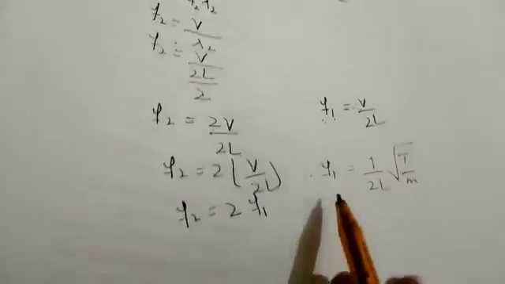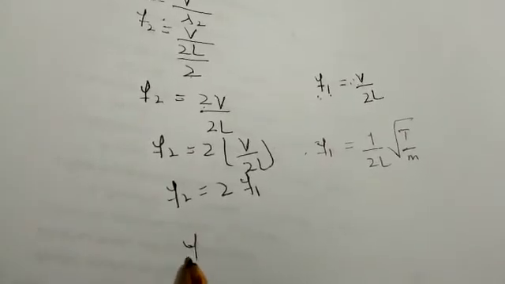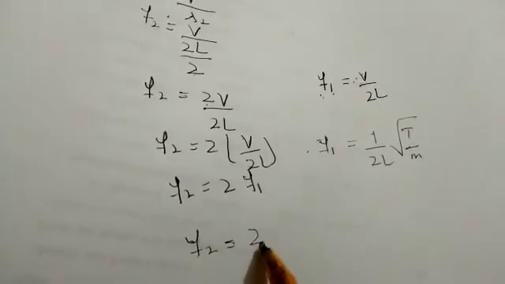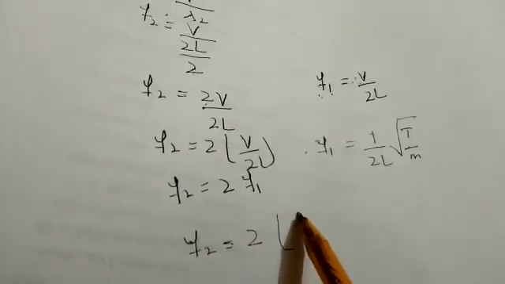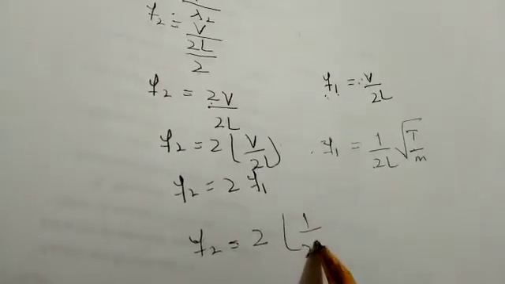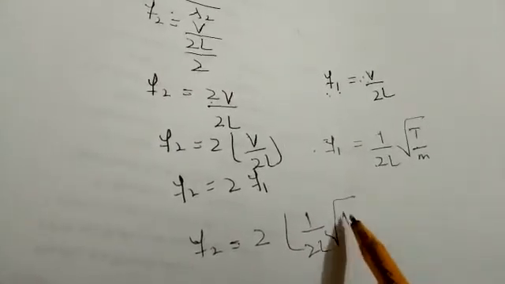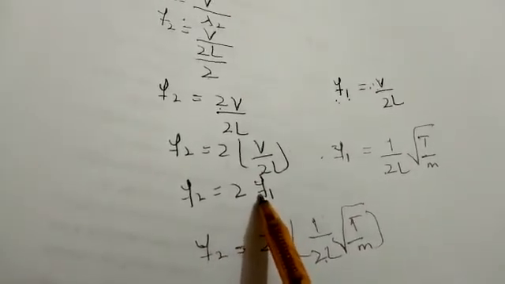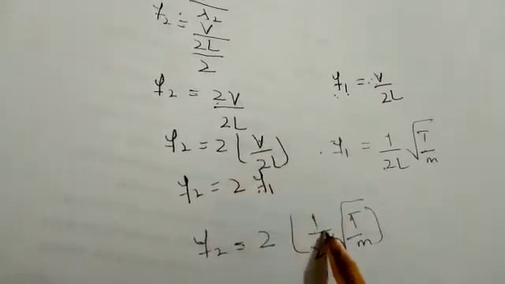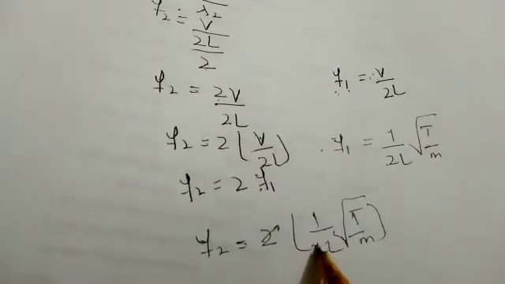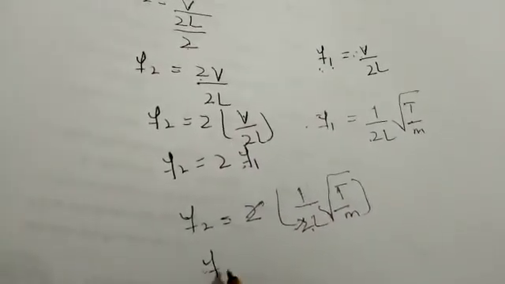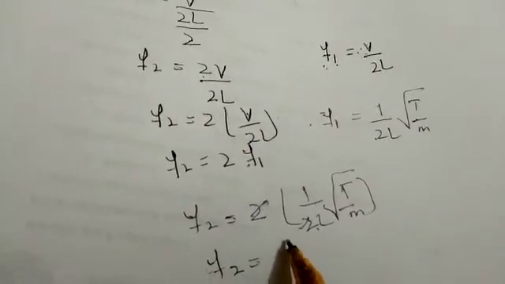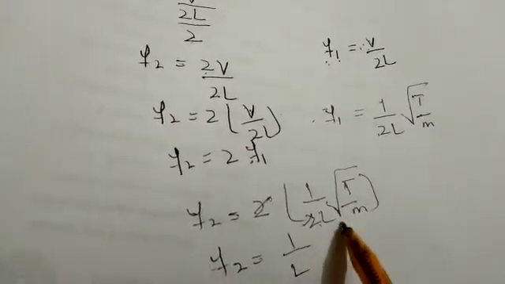So instead of f1, we can also write that f2 is equal to 2 times 1 by 2L under root T by m. This 2 is cancelled with this one, so we have second frequency f2 is equal to 1 by L under root T by m.